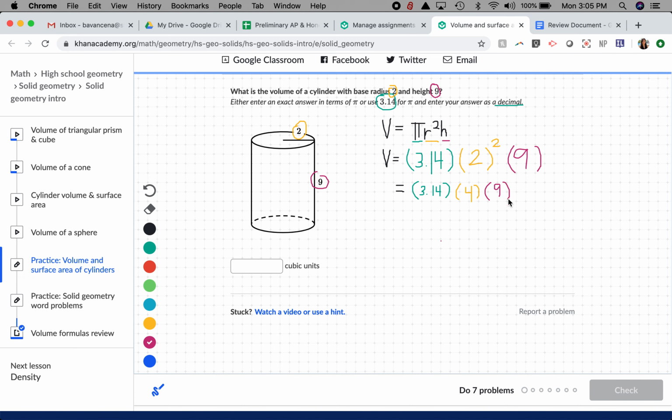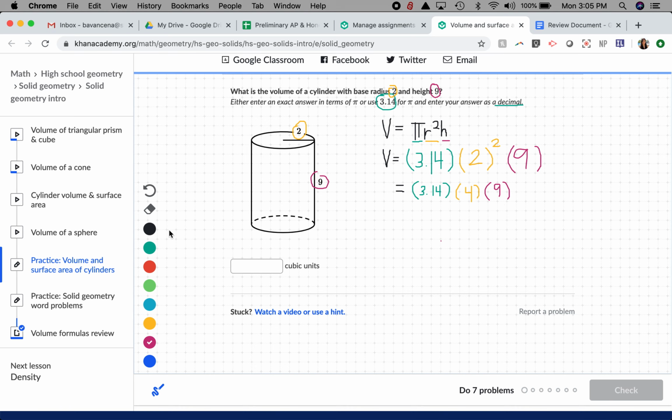Now, whenever we're multiplying quantities, we just simply go from left to right. So let's figure out what the product is here. 3.14 times 4 equals 12.56, times 9.